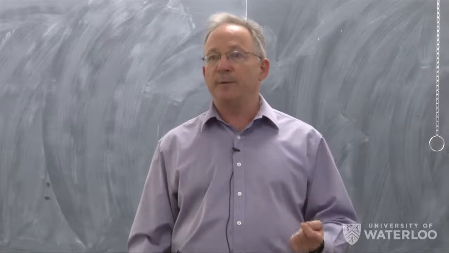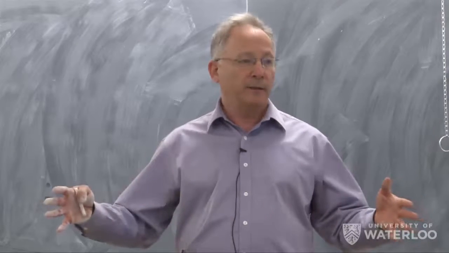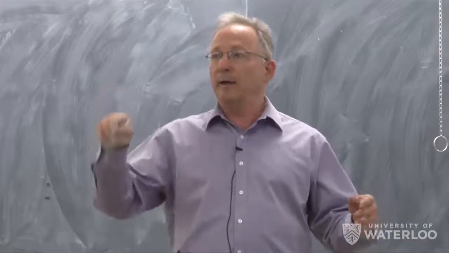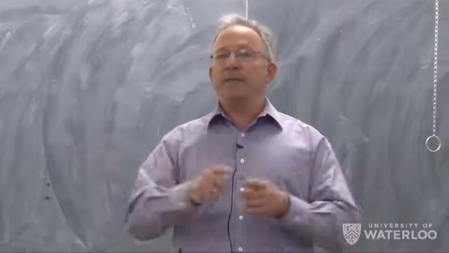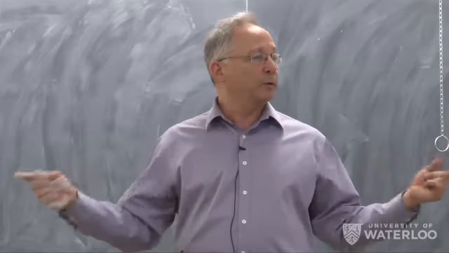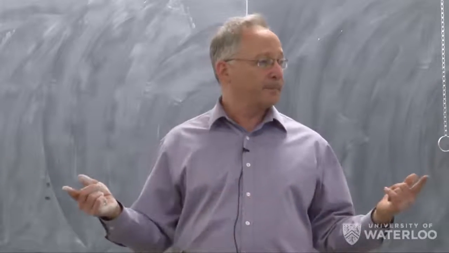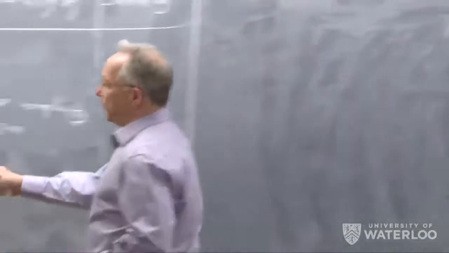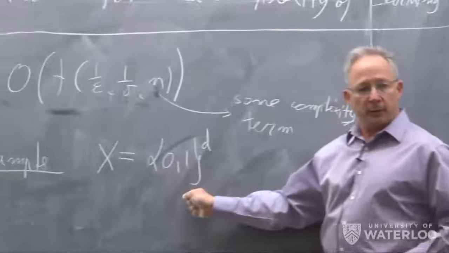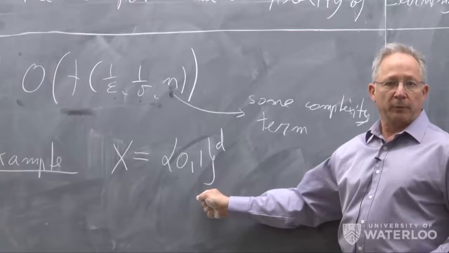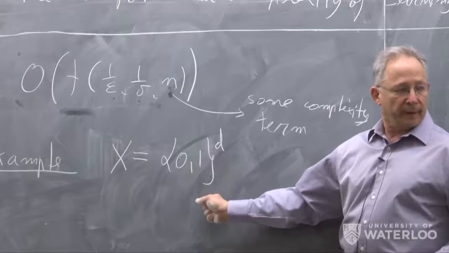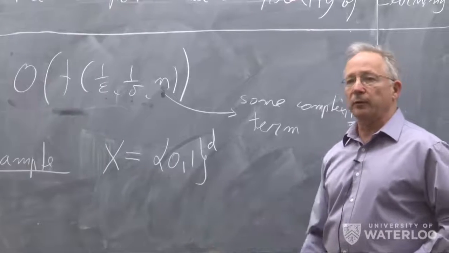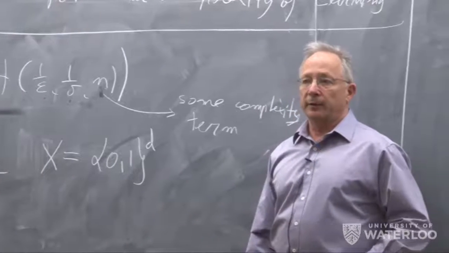So every email will be represented by a vector of occur, not occur, over the set of keywords that I'm going to use in order to detect spam. So every email is going to be represented as a discrete vector like this, which we also call the Boolean cube. And we want to learn over the Boolean cube.